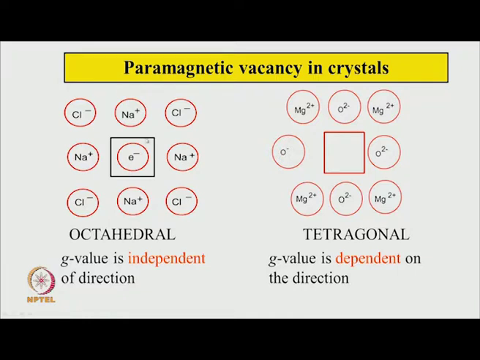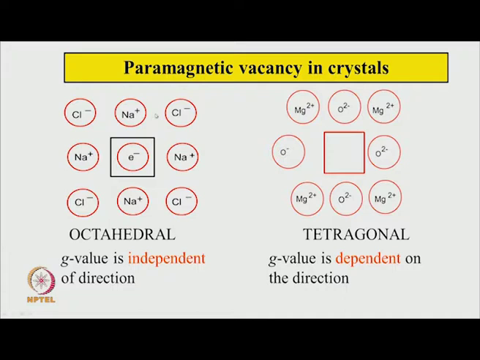Here this block or the square is the place where a chloride atom should have been, but that has disappeared to make a vacancy, and instead a single electron is residing here. These are defect centers or color centers, as they are named. So, this is the center of paramagnetism.